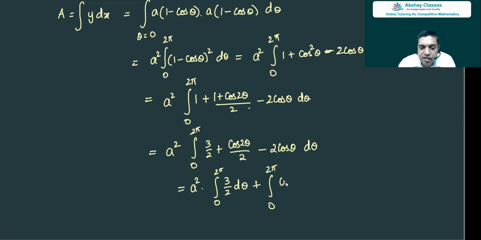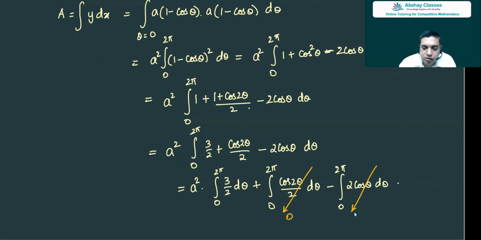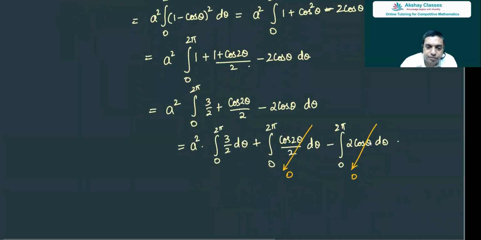Directly by seeing the integral, I am telling that these two integrals will be 0. You can evaluate. I explained how the integral of sine theta from 0 to 2 pi is 0. So similarly, cos theta from 0 to 2 pi will be 0.